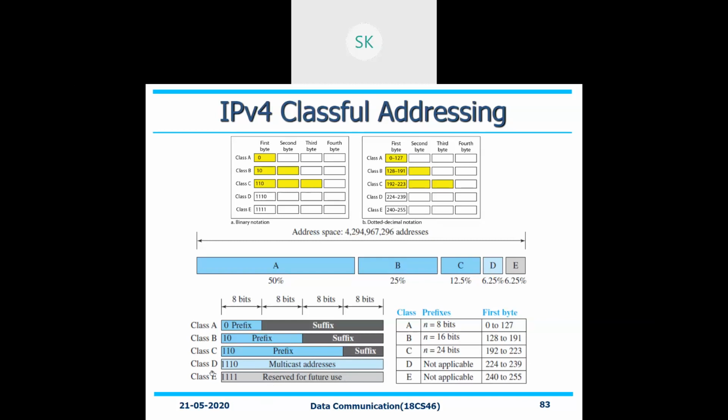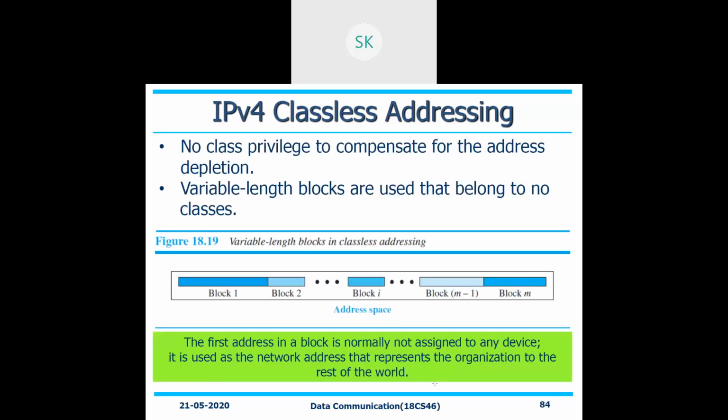So with respect to those, no prefixes are available. For class A, B, C, there are prefixes. Class A prefix will be 8-bit, class B prefix will be 16-bit, class C prefix will be 24-bit. Class D and class E, not applicable. There are no prefixes. The entire thing will be used for one usage, either multicast addressing or reserved for the future.